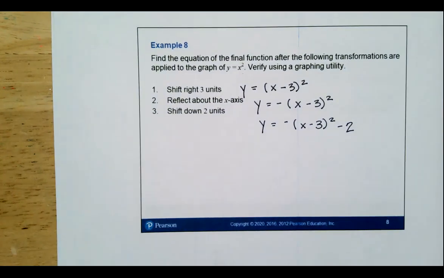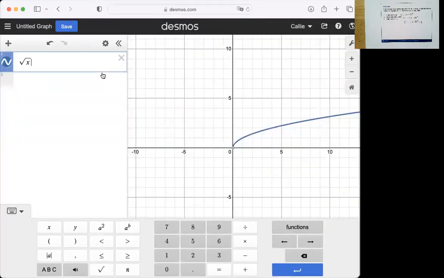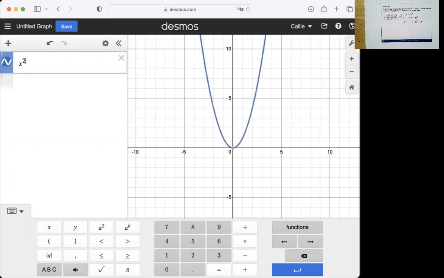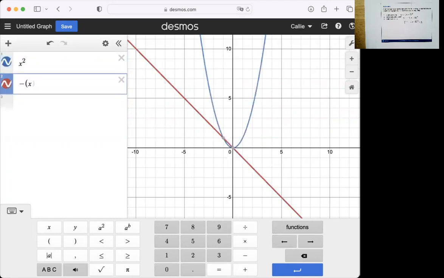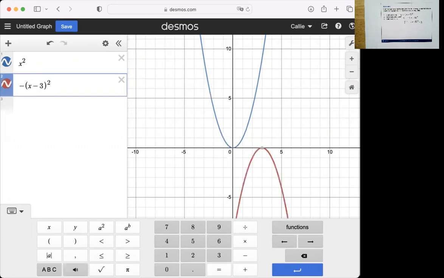Okay? Now it asks us to verify using a graphing utility. That just means start with x squared and then go to negative, parentheses, x minus 3, close the parentheses, squared, minus 2. Is it shifted right 3 units?